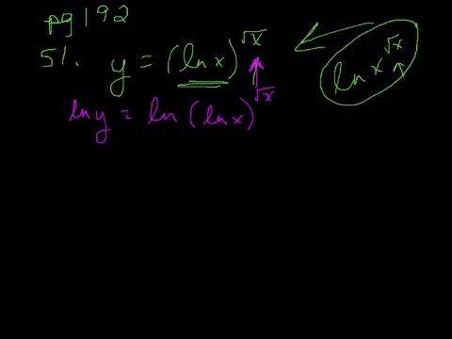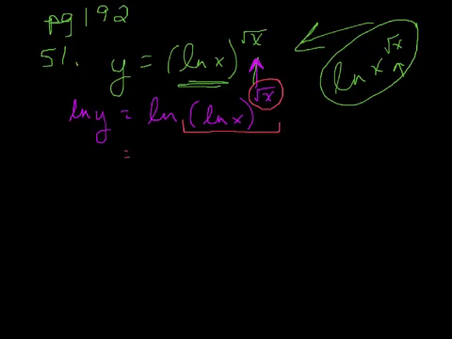Now I have the situation that I was talking about. This is the situation where we're allowed to use our rules of logarithms. I have the natural log of this thing right here, and because that thing has an exponent, the rules of logs say you can bring that exponent forward.